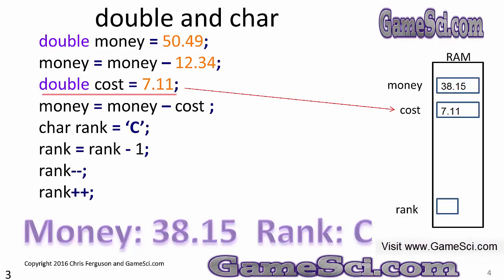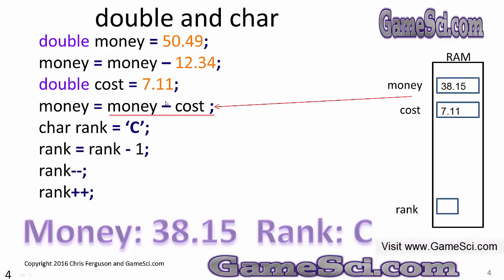It's much better to use a variable to change my variable money. Now, when I subtract from money, I will subtract from the variable cost. So this variable can be different depending on what I'm buying. With the current value of cost, I will take the value money, 38.15. I will extract the value cost from memory, and I will do the equation 38.15 minus 7.11.